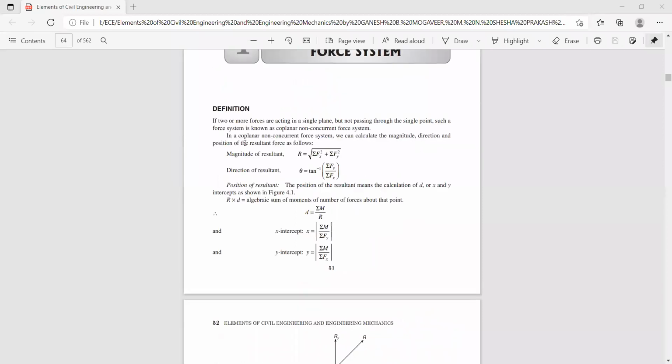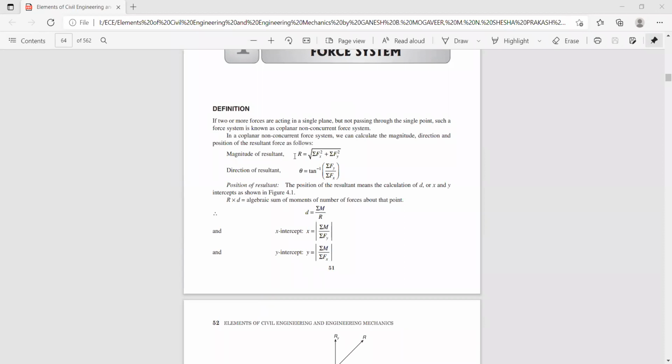These are the steps you need to follow whenever you have a coplanar non-concurrent force system. The first and foremost thing is to select the reference axes x and y. Then find the sum of horizontal components, sigma F of x, and the sum of vertical components, sigma F of y.